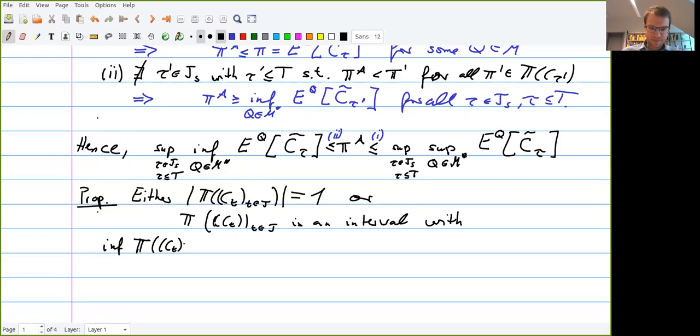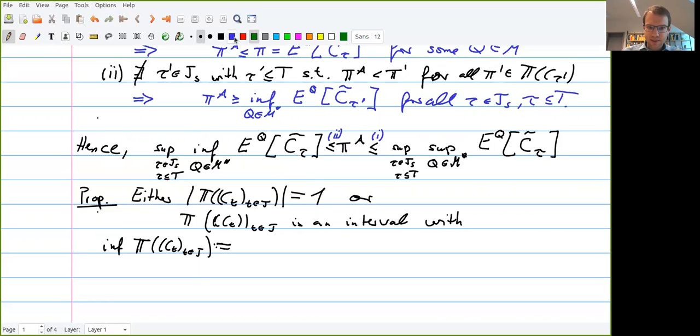the minimal arbitrage-free price. So if I consider the infimum of this set of all arbitrage-free prices for the American option, the infimum is given by this first part here.